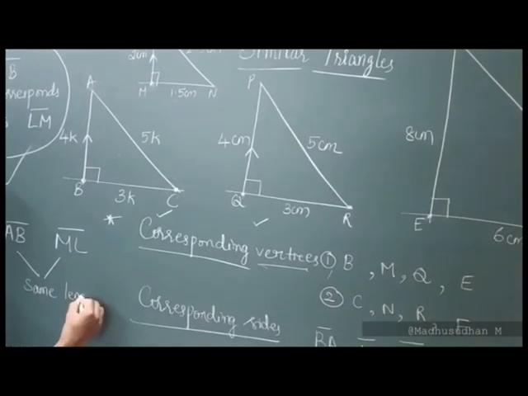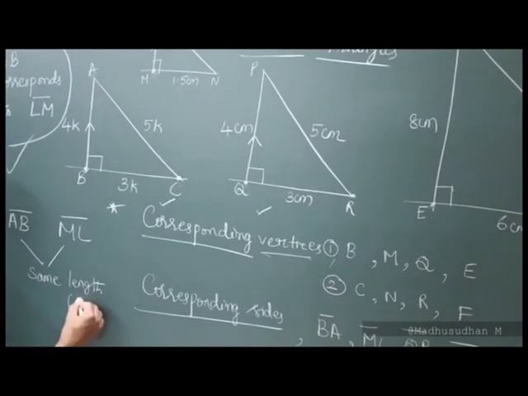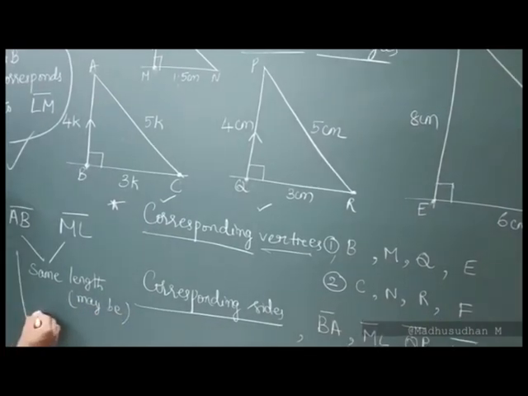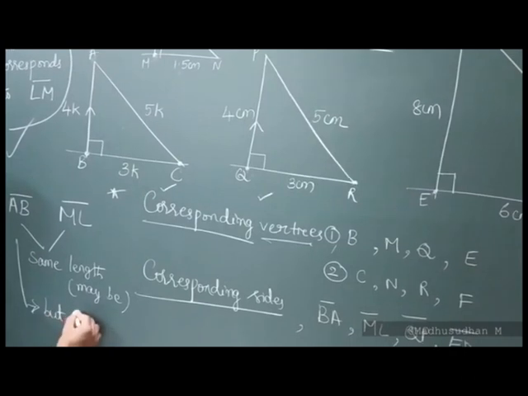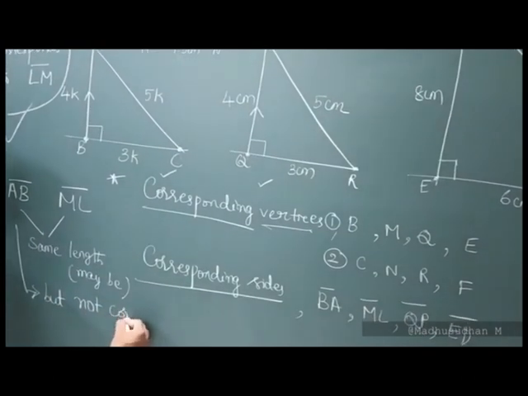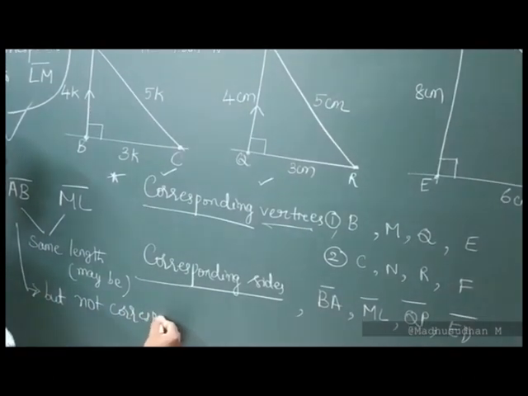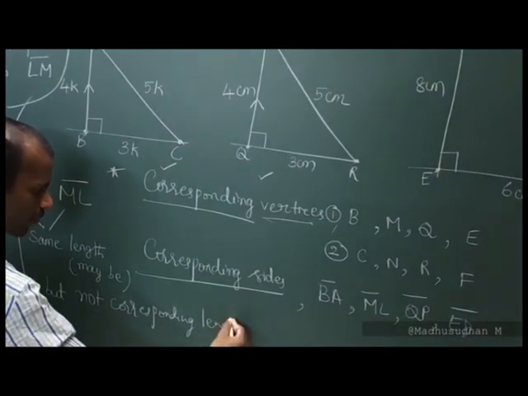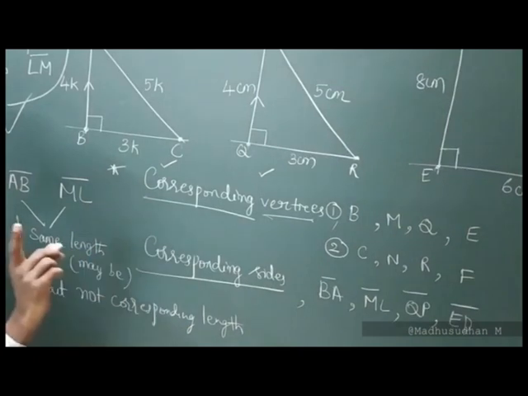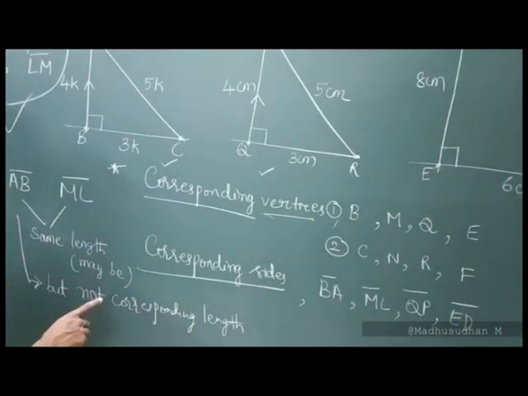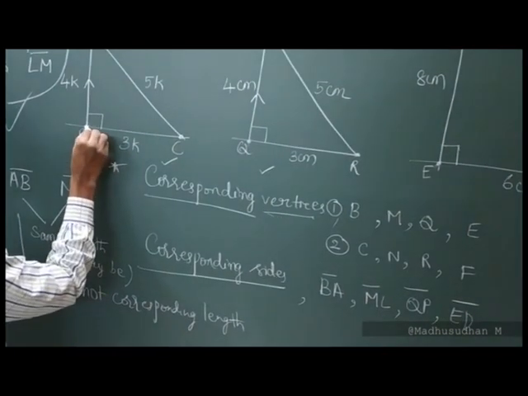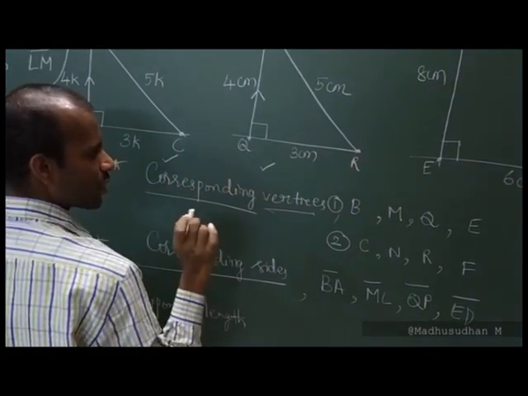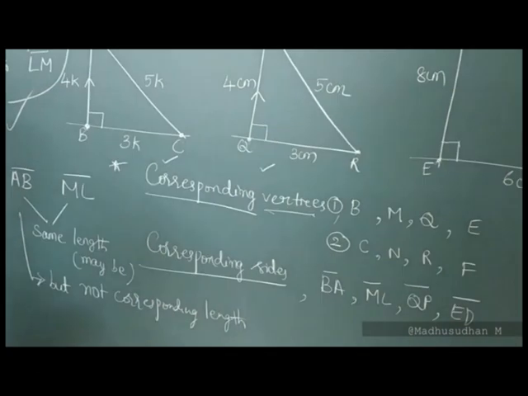Maybe they both are the same length, maybe. But not corresponding length. So a very important point stressing for this chapter. If I start from this vertex, BC should be QR itself. Follow it, children.